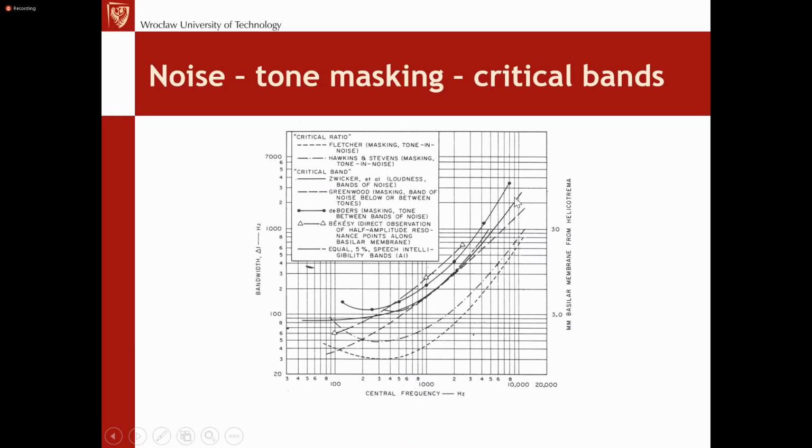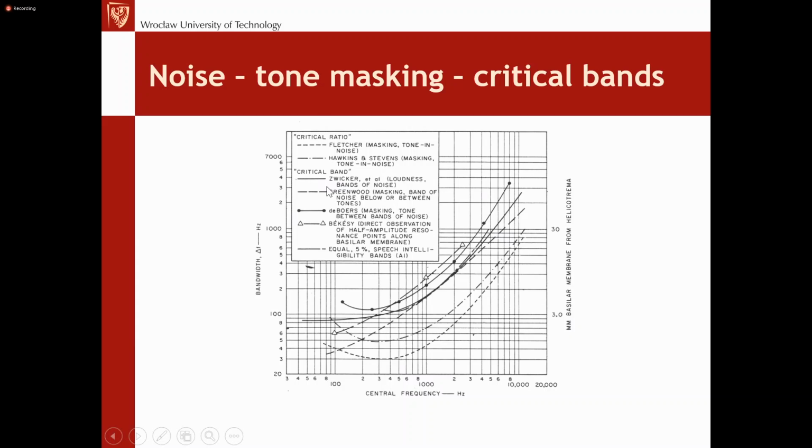The bandwidth of the masking signals, masking noise, increases when the central frequency increases too. So when the central frequency increases, the bandwidth of the masking noise increases too.